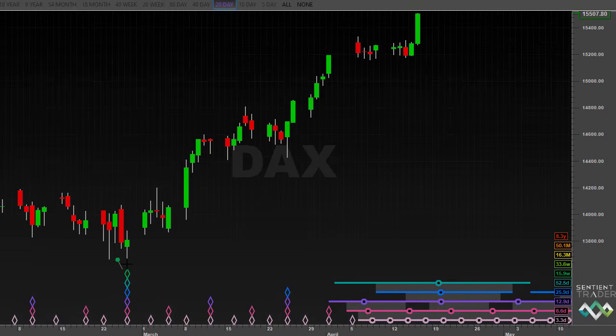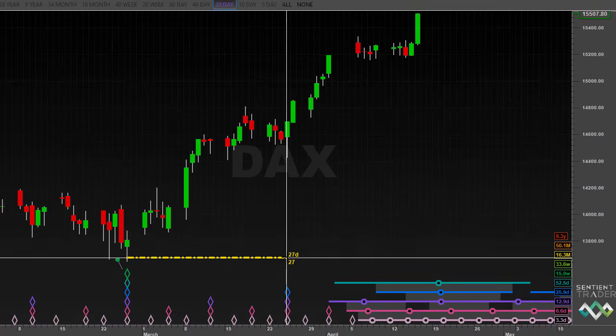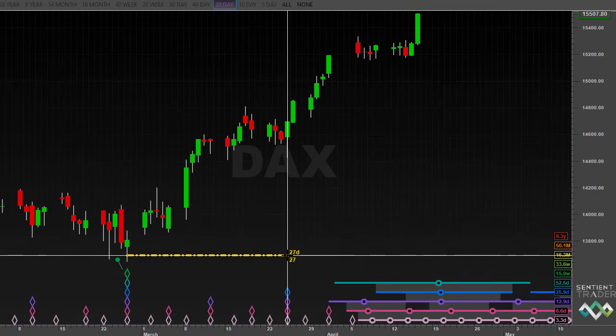If we measure the number of days from the 20-week cycle trough in the last week of February up to the 40-day cycle trough, you can see that 27 days elapsed, which makes it a short 40-day cycle, but not unacceptably short. And of course, as mentioned, in a bullish market, we do expect the troughs to occur early.